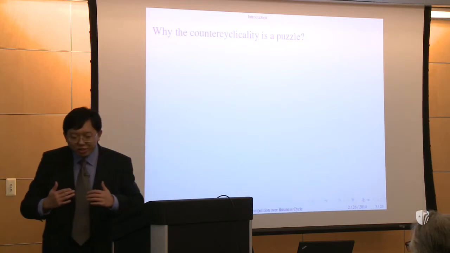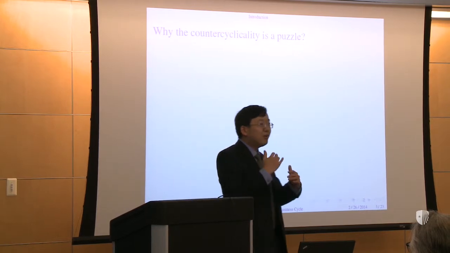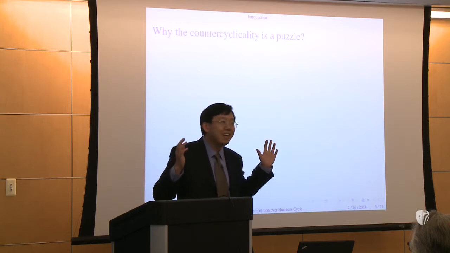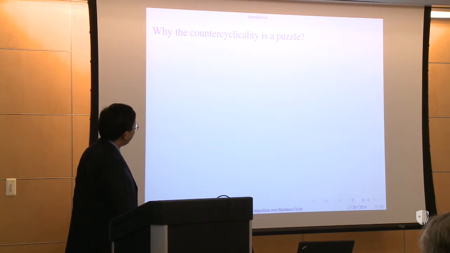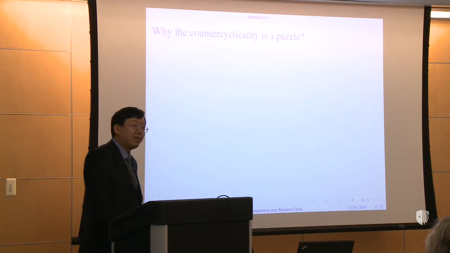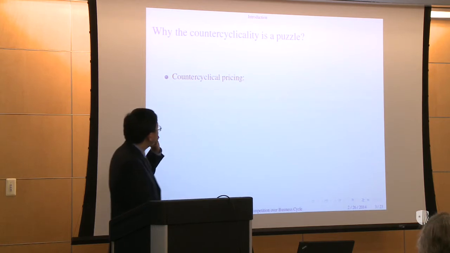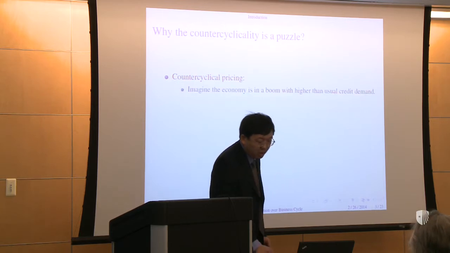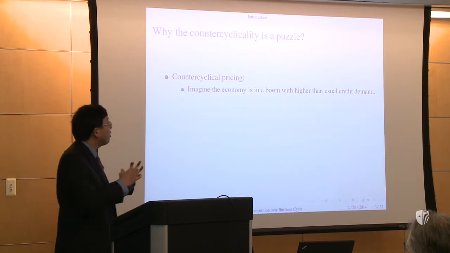So then comes the question: if this countercyclicality in bank lending policy can be very easily explained by standard economic theory, then of course we're almost done, and there's no research to be done. That leads to this slide, which explains why the countercyclicality is a puzzle. Let me first consider the countercyclical pricing behavior of those banks. Imagine the economy is in a boom with higher than usual credit demand.